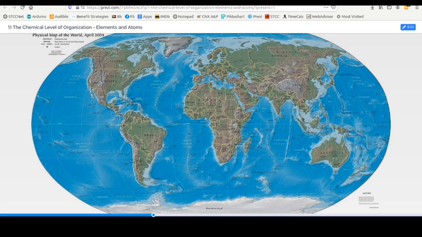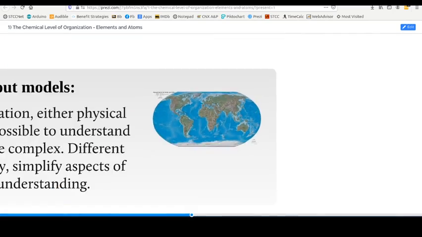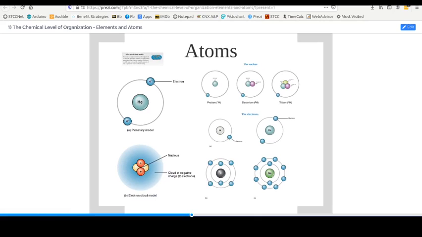For instance, you can see where the Rocky Mountains go through North America, or the Himalayas go through Asia, to represent the texture of the planet at those locations. Again, it's a model to represent things a little bit more easily so that we can understand what we're looking at and make use of it.